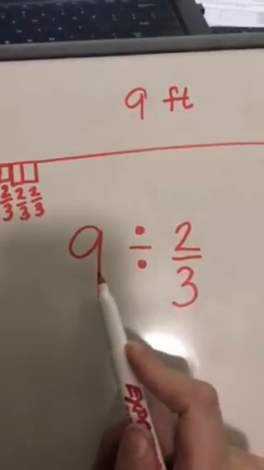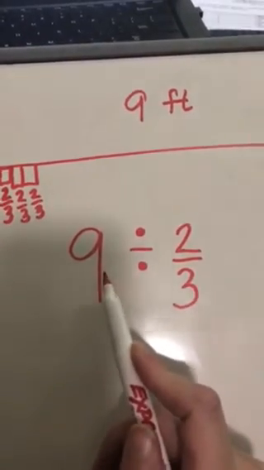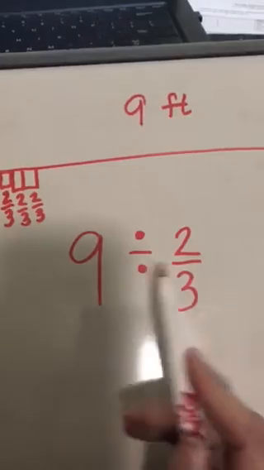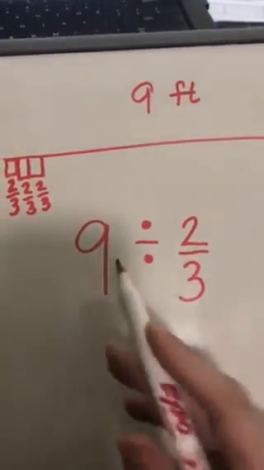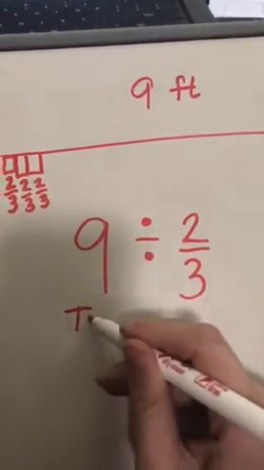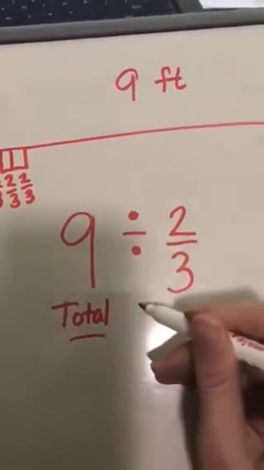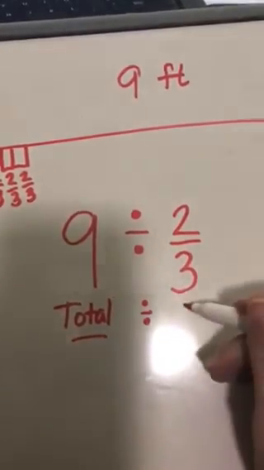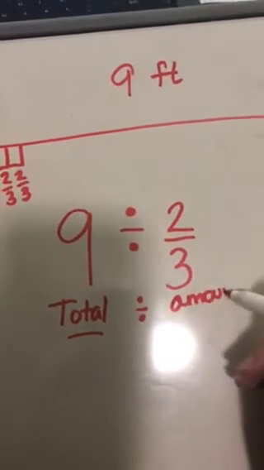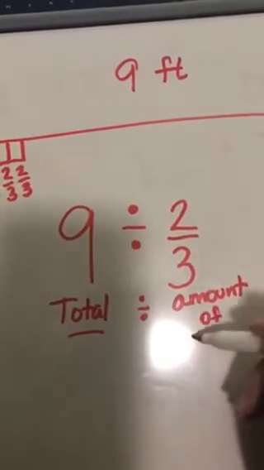Division is not like multiplication, meaning you cannot switch the order. The order has to be the total length that we have divided by the amount of each piece.